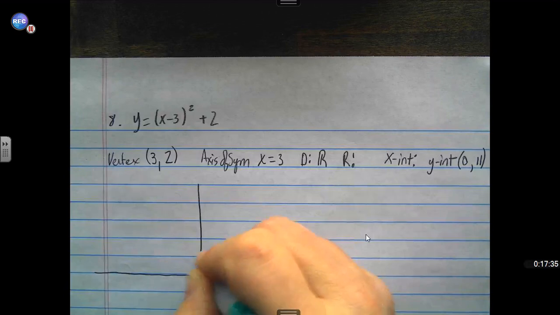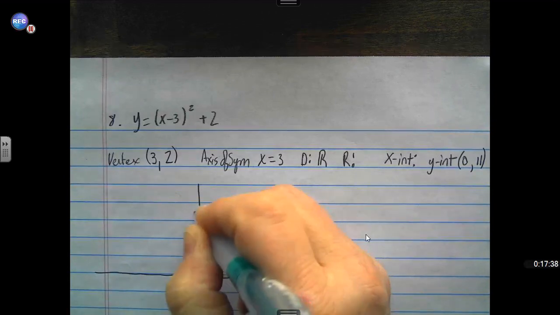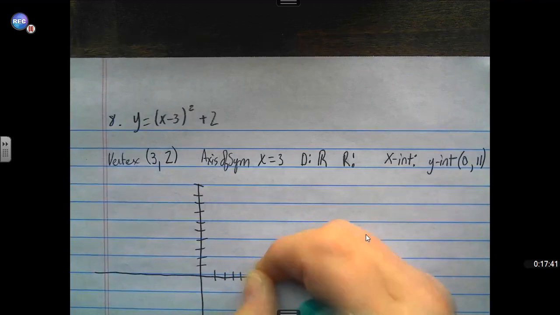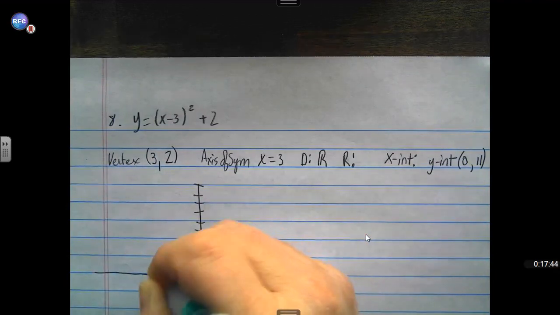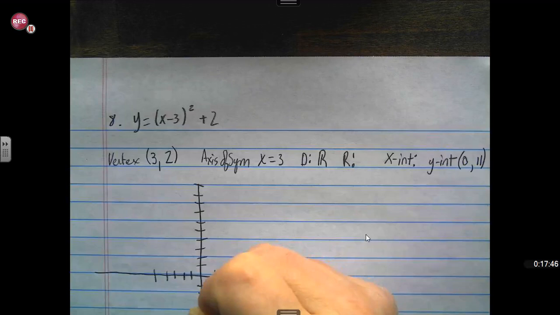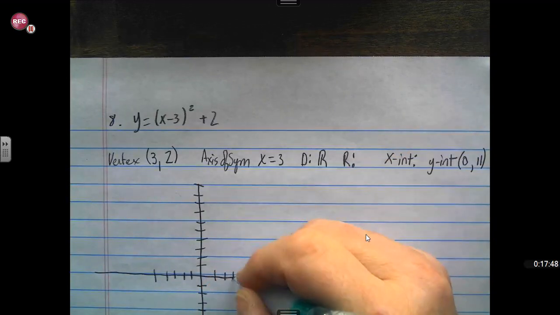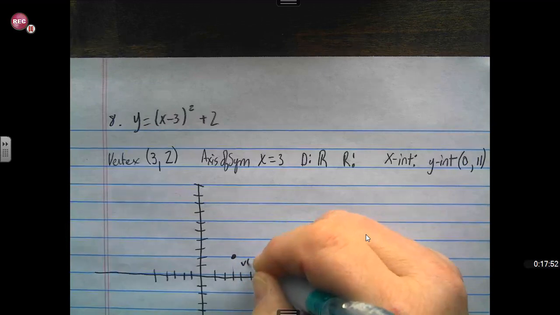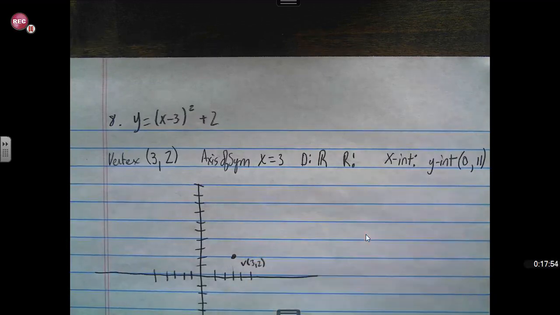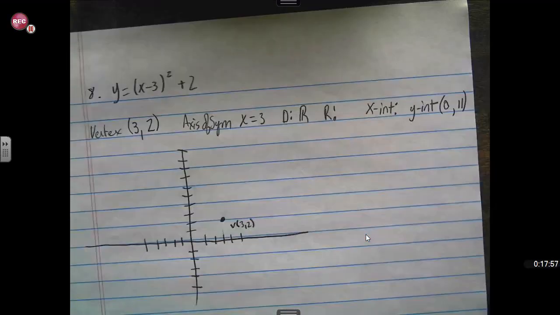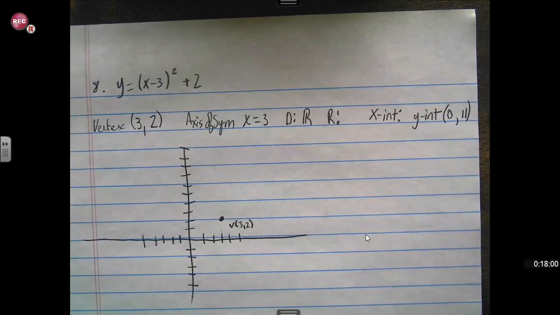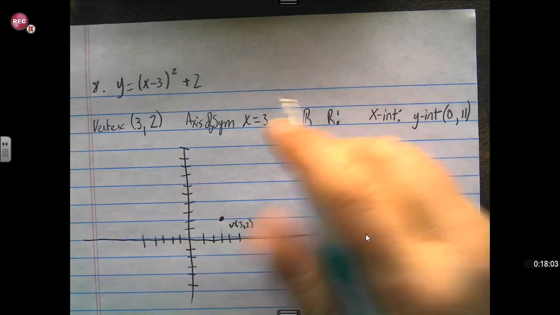So my vertex is at 3, 2. So that's going to be right here. Okay, and then a point I should plug in to help me get the other points I need. I should graph at least 5 points.